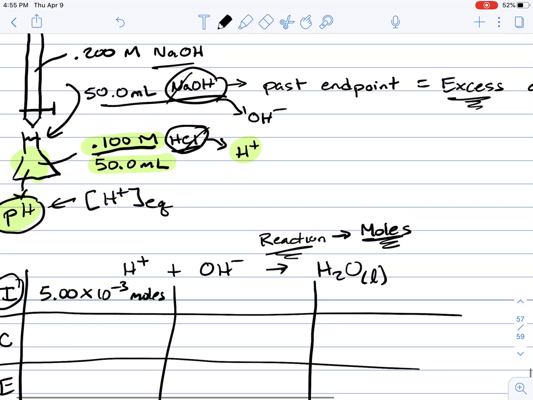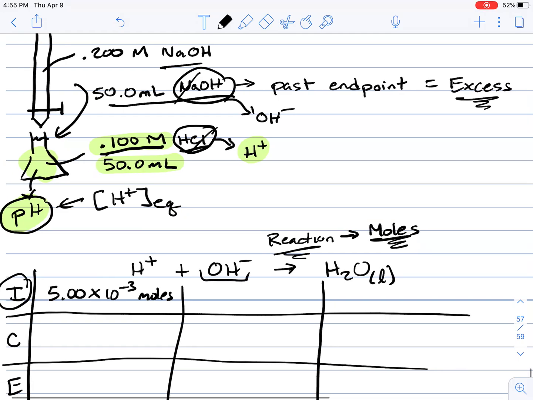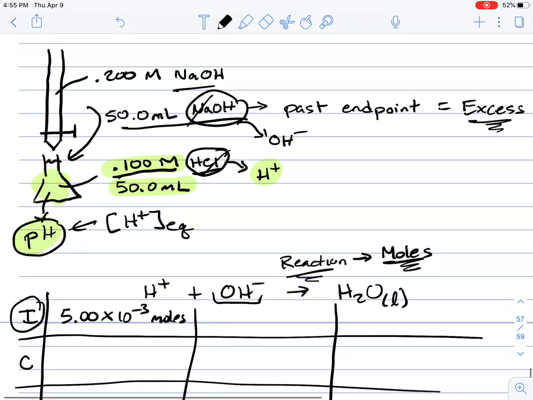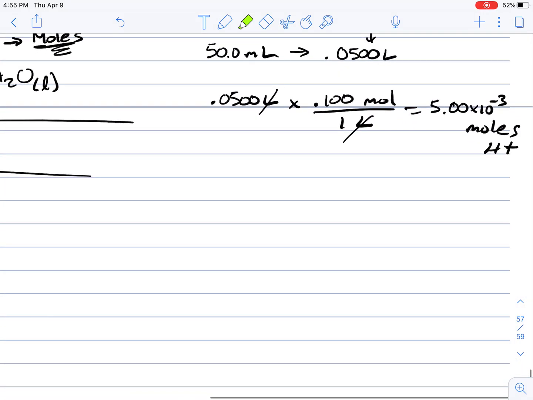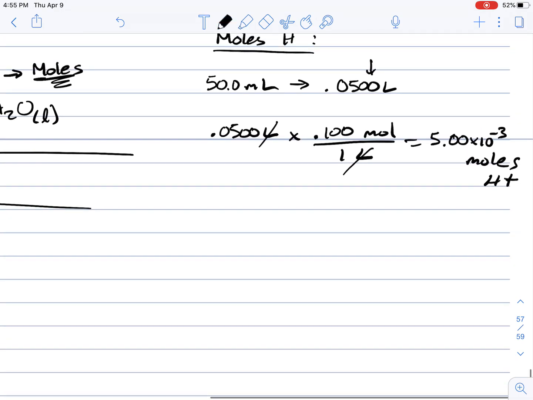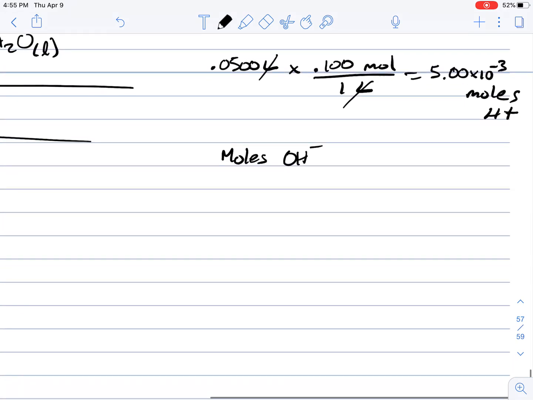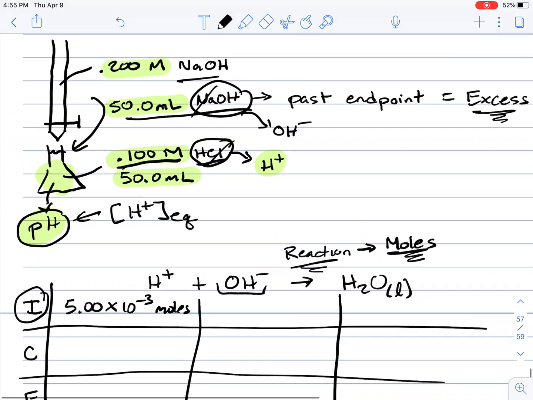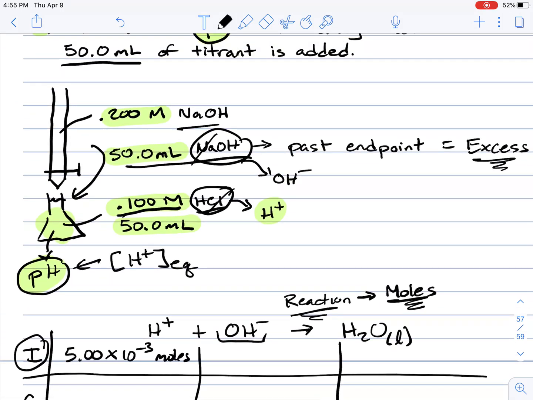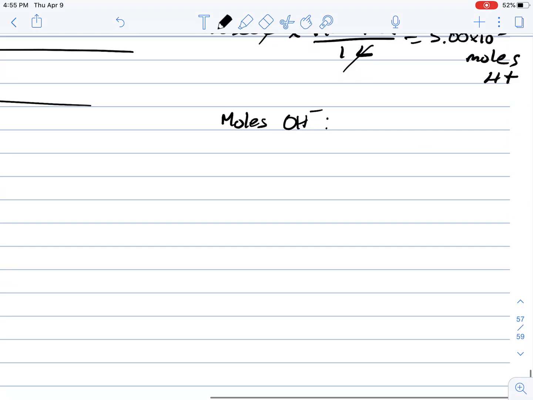All right, and so we need to determine how many moles of hydroxide we're actually putting inside this Erlenmeyer flask. And that's going to be dictated by the concentration and the volume that we're using. So for moles of OH minus, or our base, it's going to be the 50 mils.